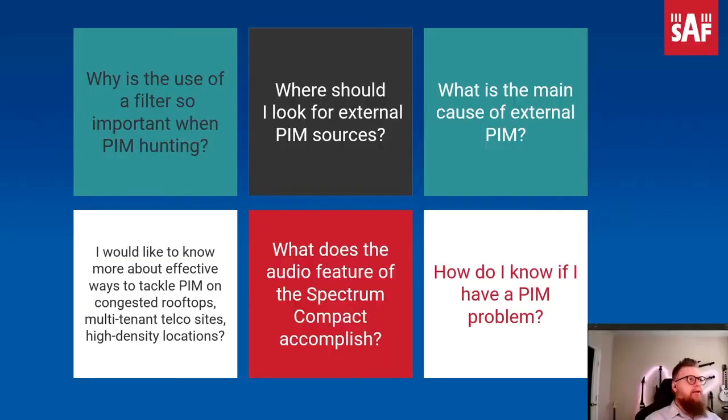And then for the tough stuff, finding the very specific, more difficult to find PIM sources, that's where you would, let's say you're on a rooftop, take that setup that you had in the kit that you did in the lab, and search for the source, basically. It could be something like flashing on the parapet wall of a roof. It could be something that you can't even see.